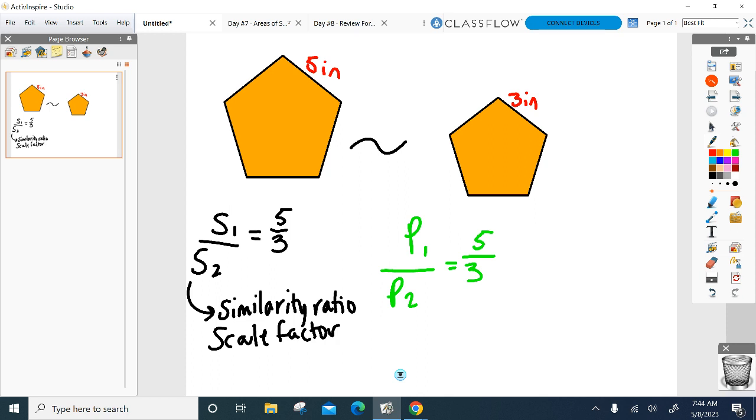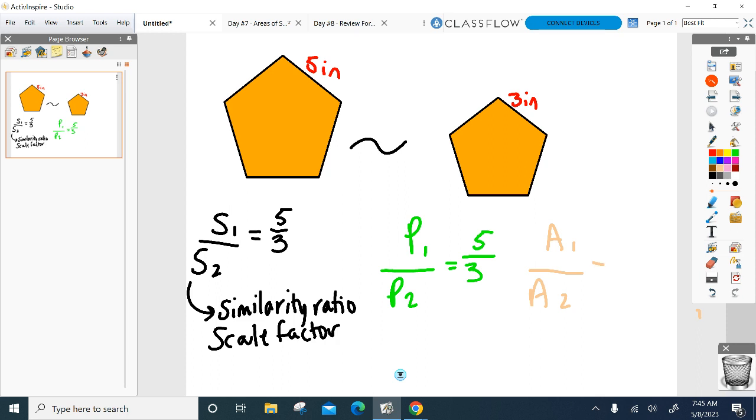Right? That doesn't mean the perimeter of this one equals 5 and the perimeter of that one equals 3. This one could equal 15 and that one could equal 9. It's still in a ratio of 5 to 3. Right? I can at least tell you what the ratios are in. Also, I can tell you something about the areas. Again, I can't tell you what the areas are. I don't have that information.